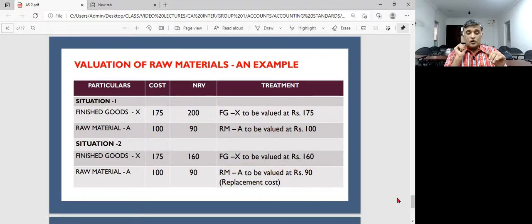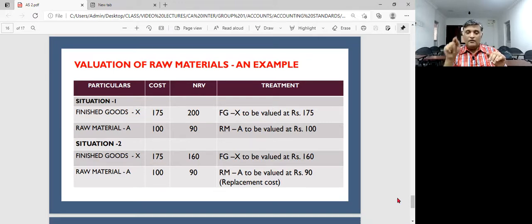The reason is it is raw material. You need to look at the finished product of which this raw material is a part. Look at finished goods X. Cost is 175, NRV is 200. Cost or NRV, whichever is lower, so obviously 175 is lower. So finished goods X is valued at cost, at 175.